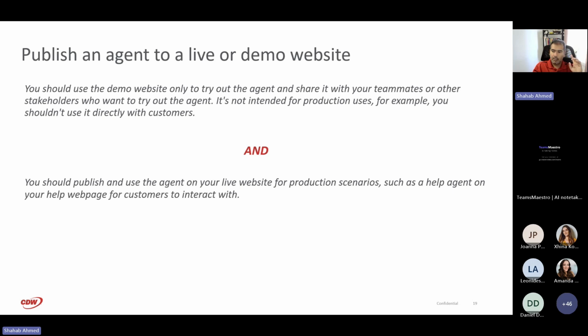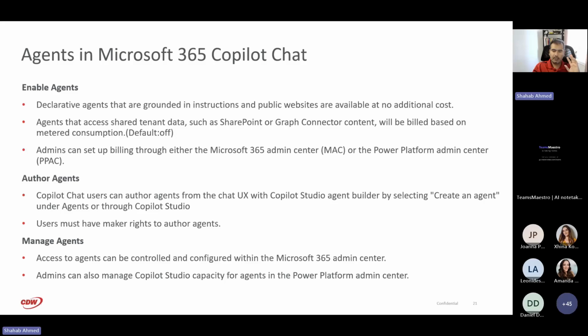Now, there was some discussion around agents and where and how you can use them. Just understand that you don't necessarily need the M365 Copilot license to consume agents. It is fairly complicated, but let me back up.